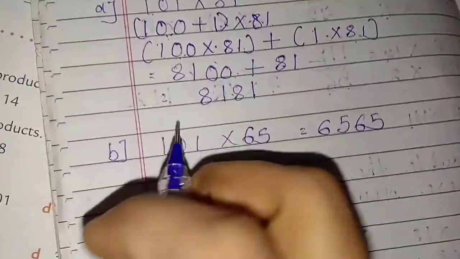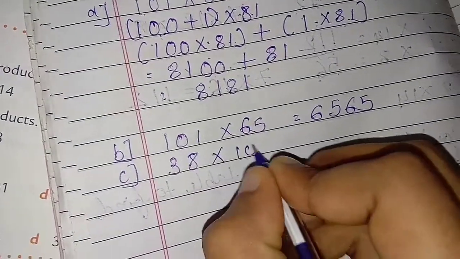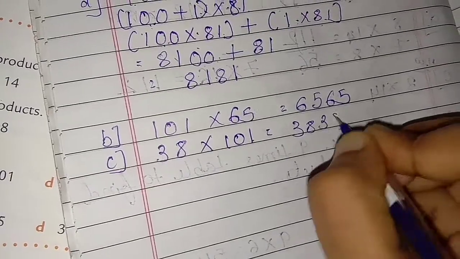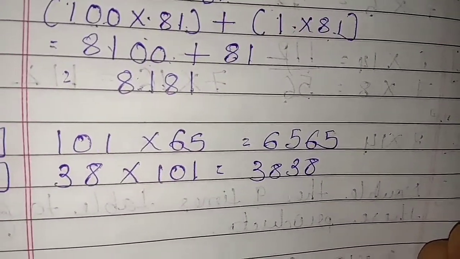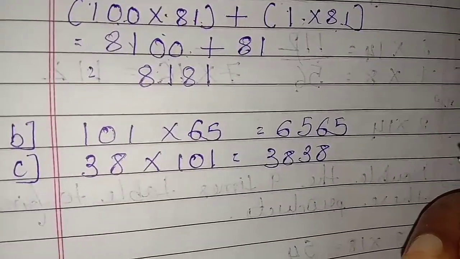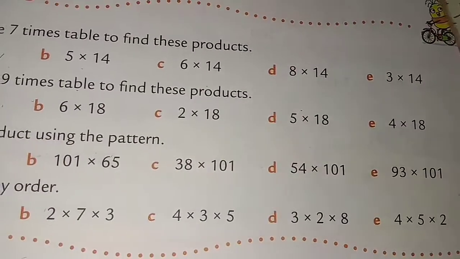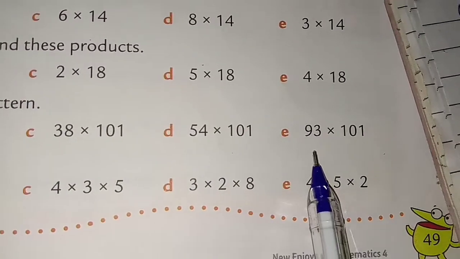Now if C1 is 38 multiplied by 101, what is your answer? 3838. This way you have to find the answer. In the same way you have to find D and E also.